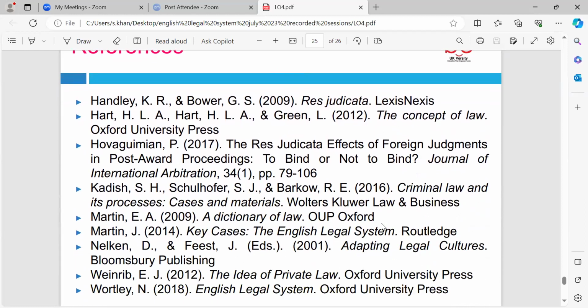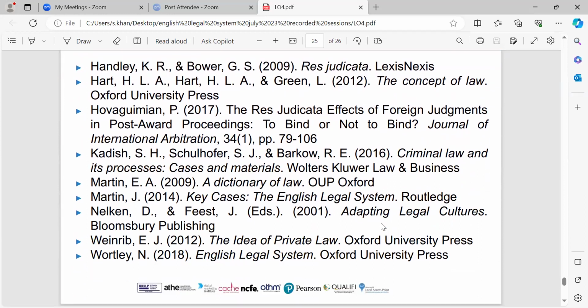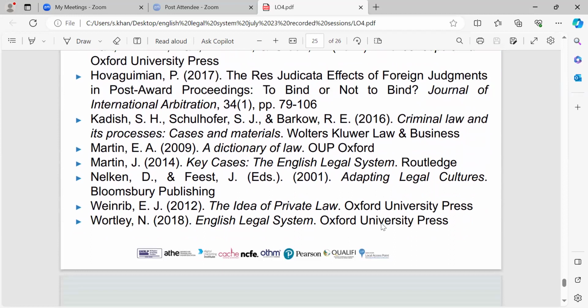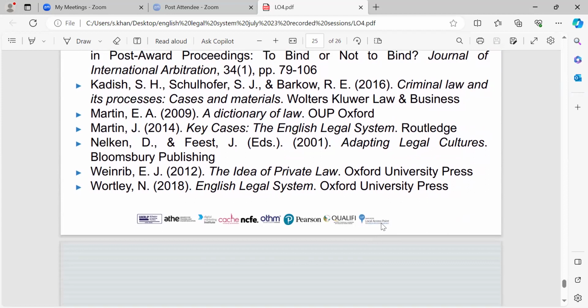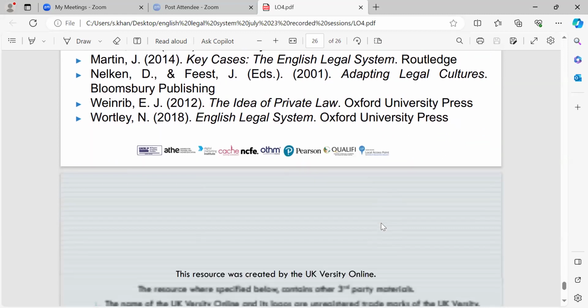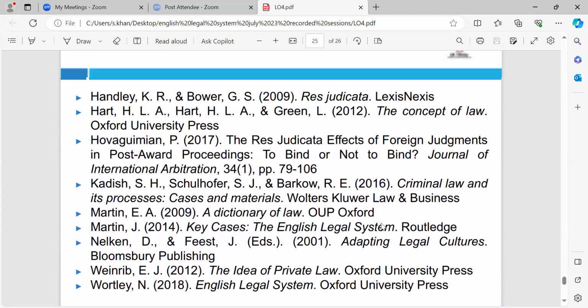Some more on res judicata on LexisNexis that you need to refer to if you need to look at any cases. Hart and Green, 2012, The Concept of Law, Oxford University Press, The Rules of Judicata, Effects of Foreign Judgments, Criminal Law and its Processes, Cases and Materials, and also Key Cases, English Legal System by Martin J. And the idea of private law and the English legal system. So these are the references used to complete Learning Outcome 4.